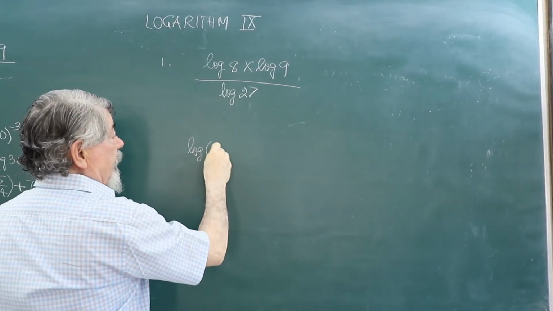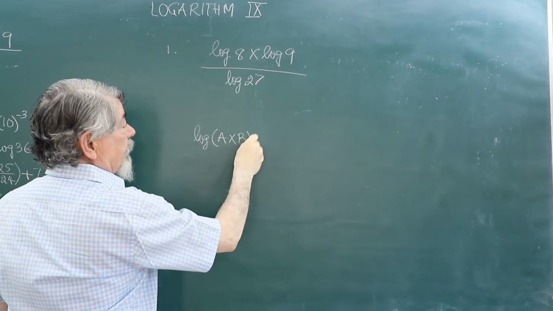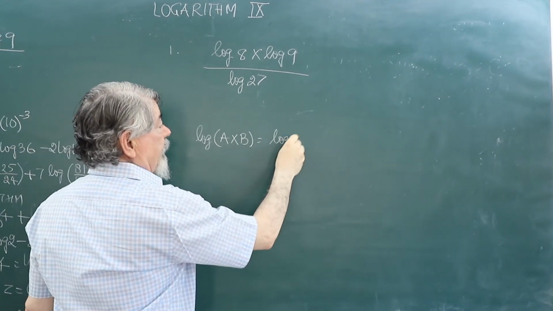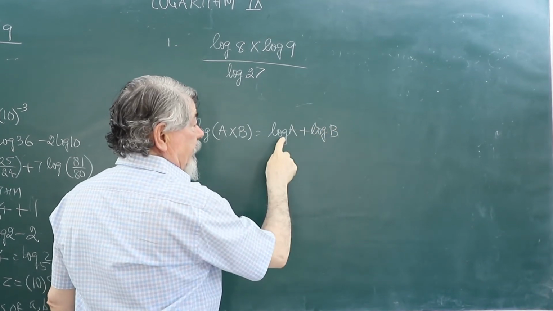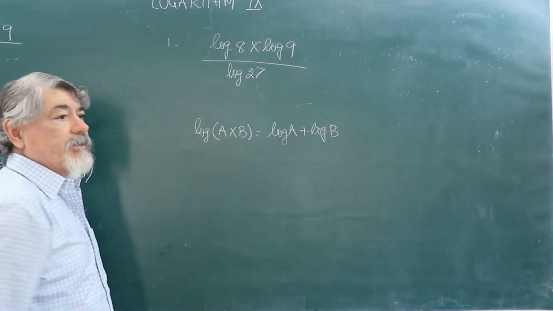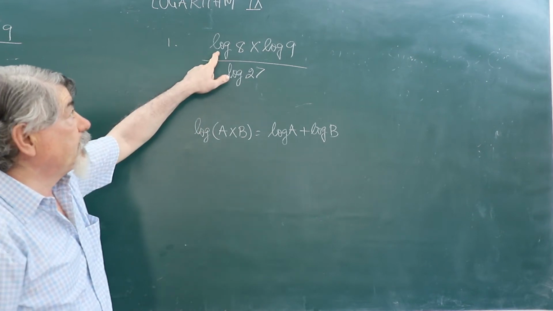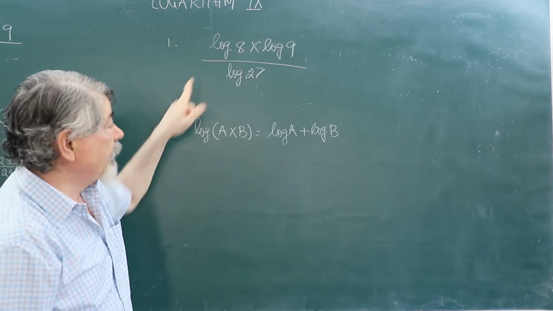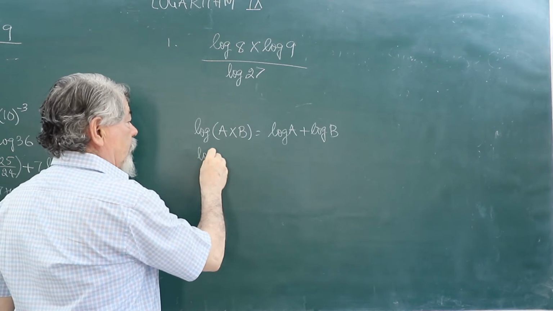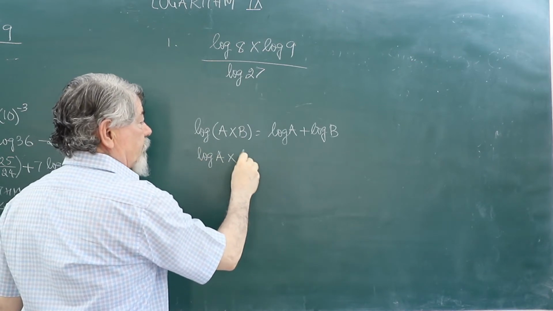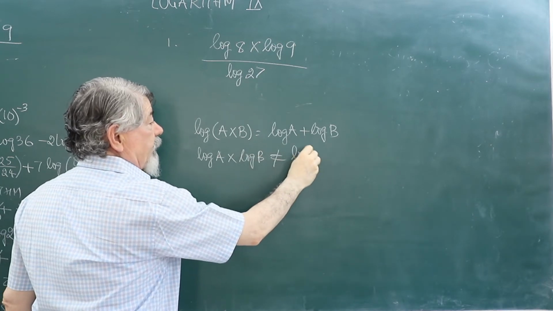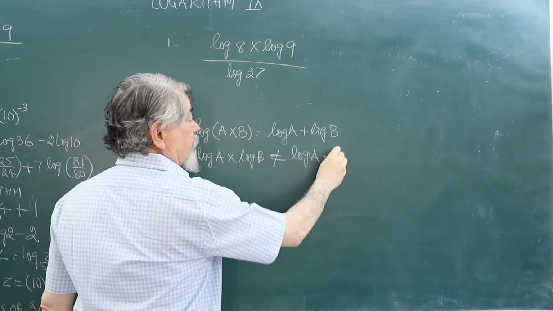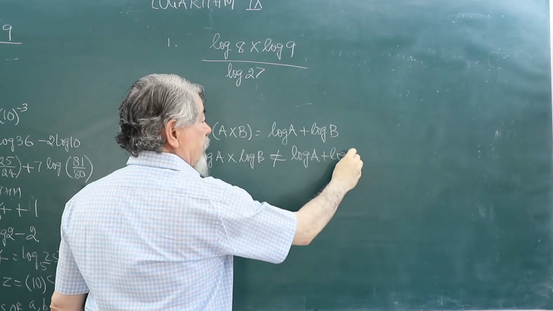If it is log A into B, then I can write it as log A plus log B, or log A plus log B can be converted into multiplication, but not like this. Not log A into log B. Log A into log B is not equal to log A plus log B. This is one thing you have to distinguish.